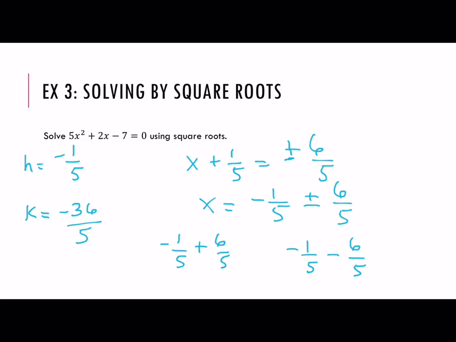So the only sign changing is the one in the middle. This 1/5 is going to be negative in both cases. So your first answer is 6/5 minus 1/5. That's 5/5 or 1. And then the second answer is -7/5.